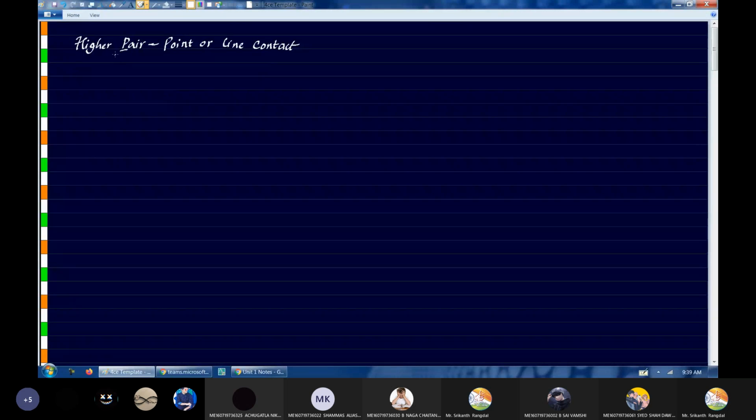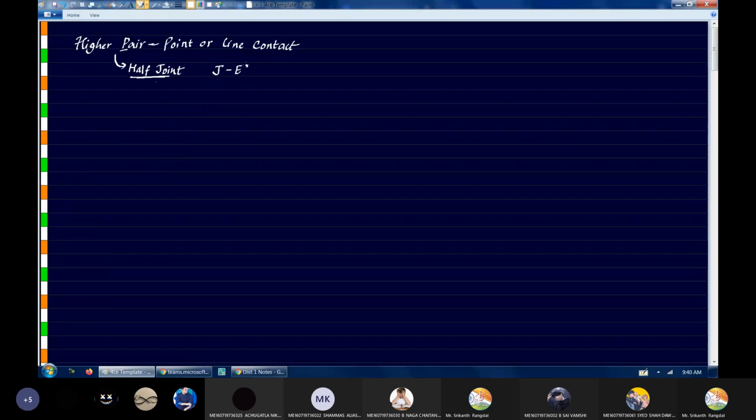And this higher pair itself is called a half joint. As indicated by the name, while counting the value of j, which is the effective joint, we will count this as half a joint.